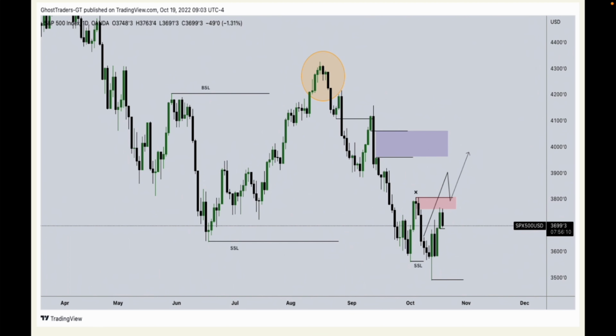You see we have a void here being created, we have a fair value gap here being created, so price is most likely to just retrace. Why? Because we already established that we have a shift in market structure and price is bearish. So we are anticipating a retracement here just to close this.